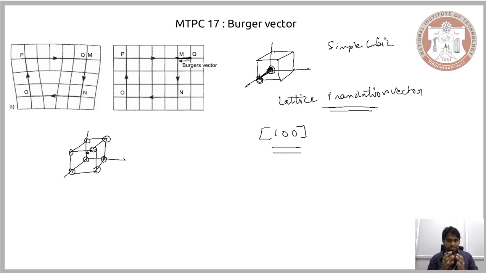Supposing we consider the direction 1, 0, 0, and the magnitude of the Burgers vector is the interatomic distance between this atom 1 and the atom at the center, that is 2. So you have a Burgers vector along the 1, 0, 0 direction, and its magnitude is the interatomic spacing between atom 1, this corner atom. Let me highlight it in red.